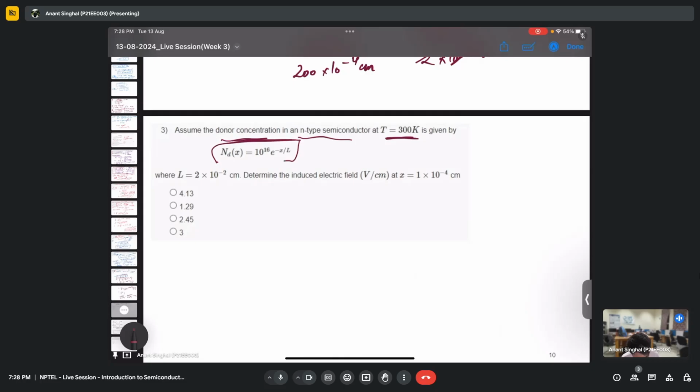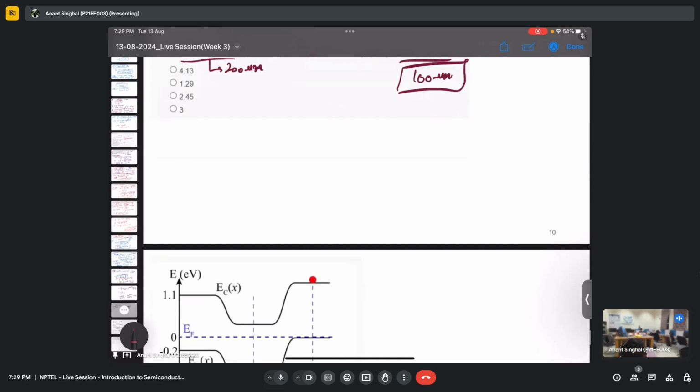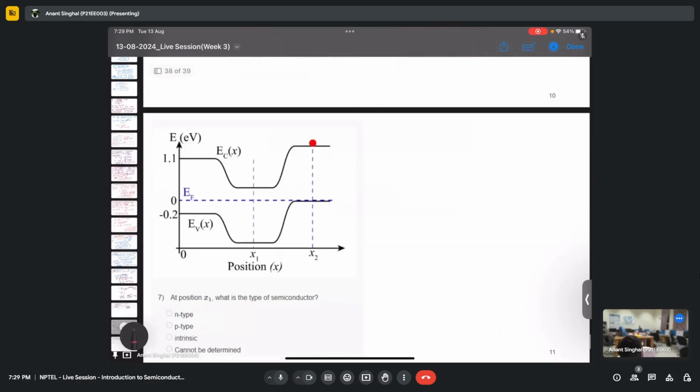N_D is exactly the same as I calculated in the previous question, with 200 micrometer length and x of 100 micrometer. So the question is exactly the same and you will get the same answer. Is it fine? Yes, sure, sir. It will be done, sir. So I'll not solve it again. Let's move ahead.